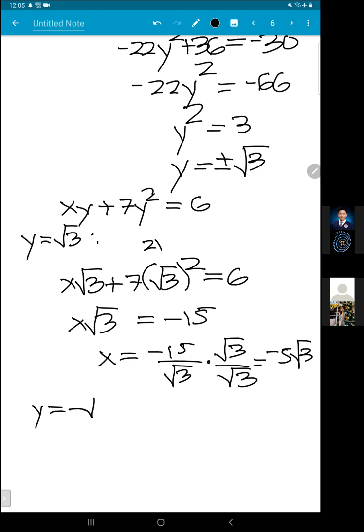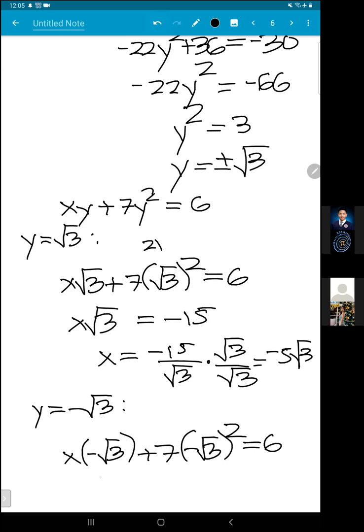Then the other case, negative square root of 3. So plug in dito. Then this is also 21. So 6 minus 21 is -15.